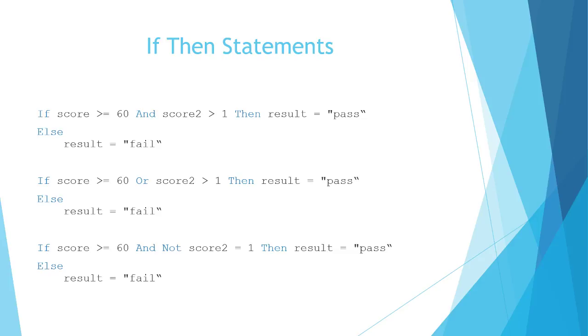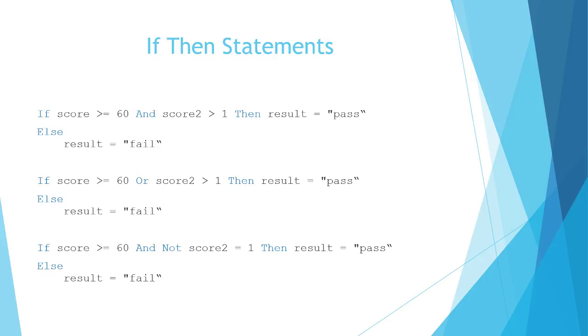It's in quotation marks because it's text. Else, which means if the first condition, score 1 is greater than or equal to 60 and score 2 is greater than 1, is not met, then the result that we would spit out is the word fail. So then for the second one, like I said, we have the and, which is when both conditions must be met. For the second one, we've just replaced that with or.